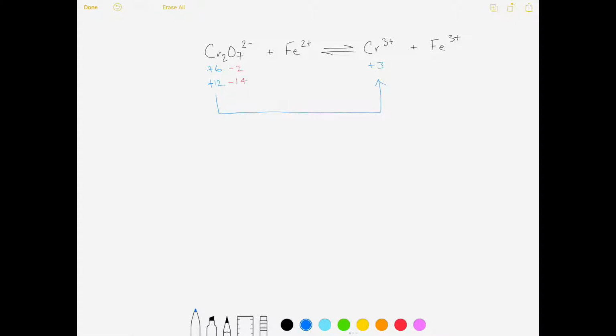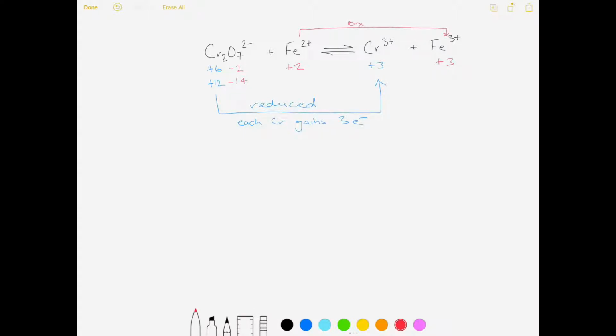From left to right, what we have actually done in this reaction is we have reduced the chromium. And we know that because each chromium gains 3 electrons. Next, Fe2+ remains as a +2 oxidation state, and Fe3+ is a +3 oxidation state.